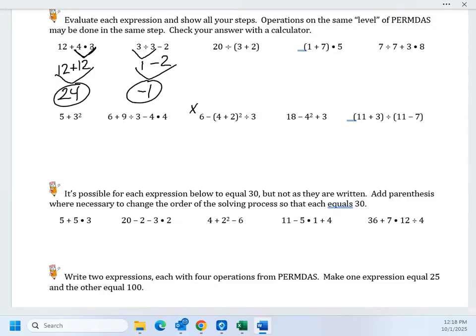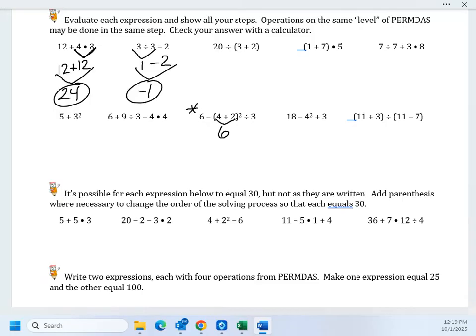Let's look at this one down here. 6 minus parentheses 4 plus 2 parentheses squared divided by 3. What is the first thing I want to do? Elliot, 4 plus 2. So that is 6. I'm going to bring down everything else in my expression.